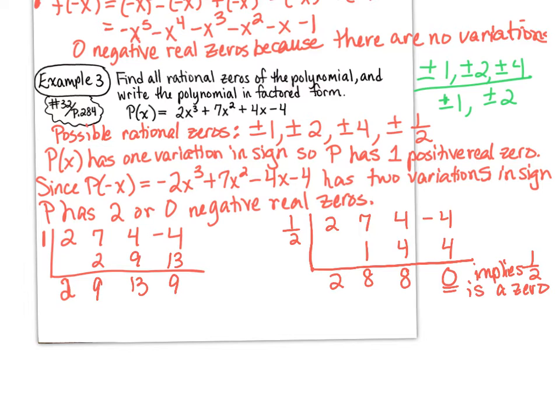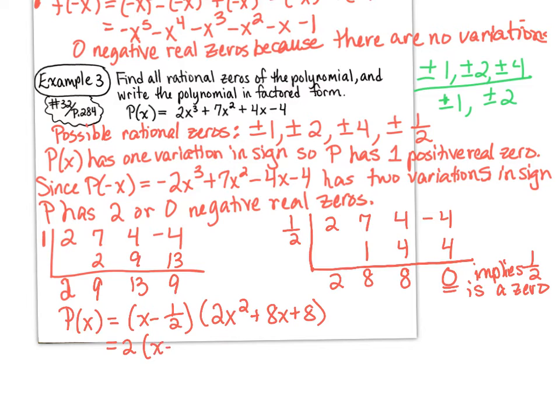This means that P of x is equal to x minus 1/2, that's one factor, because 1/2 is a zero. Then we're left with a degree 2 polynomial with coefficients 2, 8, and 8. So it's 2x squared plus 8x plus 8. They all have a 2 in common, so we factor that 2 out.